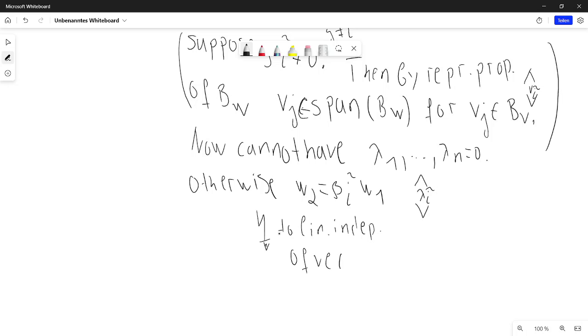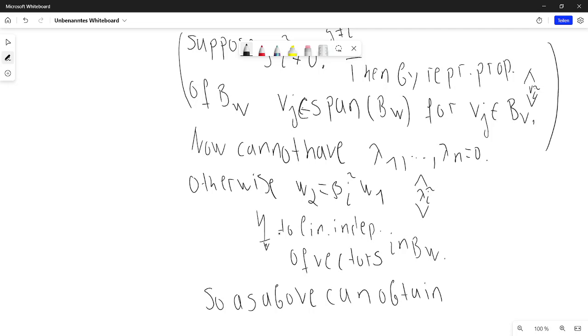Vectors in BW, so the code BW was base, so linear vectors here, v vectors in here linearly independent of vectors in BW. Okay, so as above, can obtain basis.